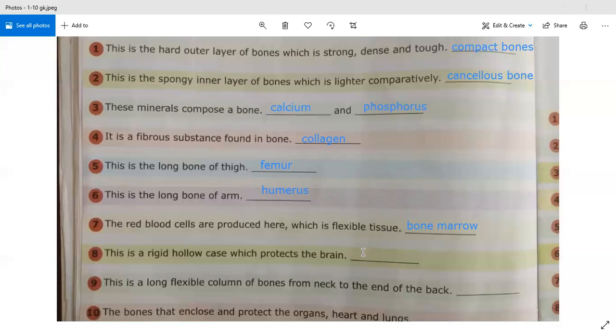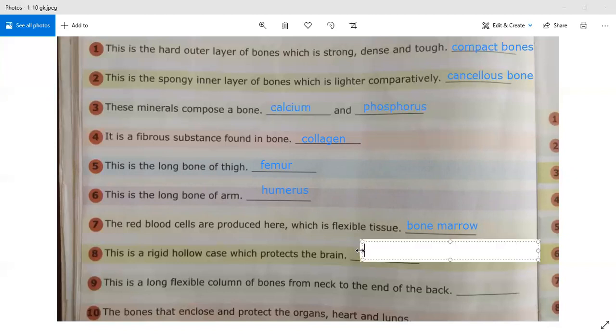Okay, now there is a very rigid, hollow case, you can say very much empty from inside, and it is protecting our sensitive brain. Our brain is so sensitive, and there is one rigid hollow case which is protecting our brain. What is the name of that hollow case?